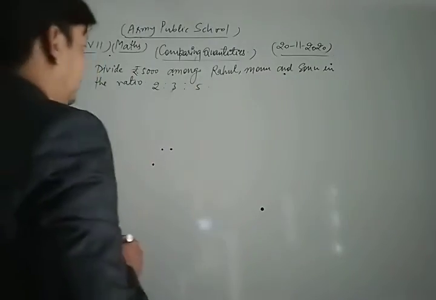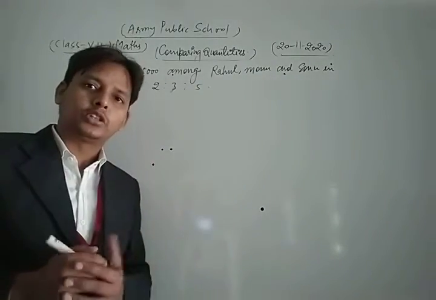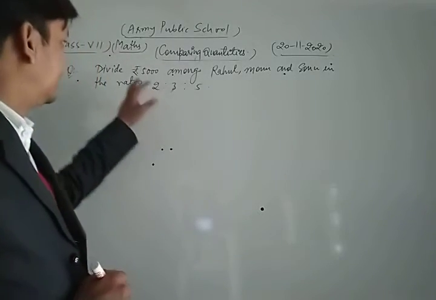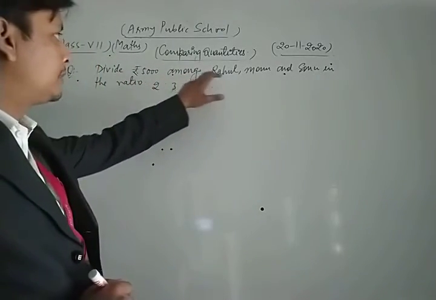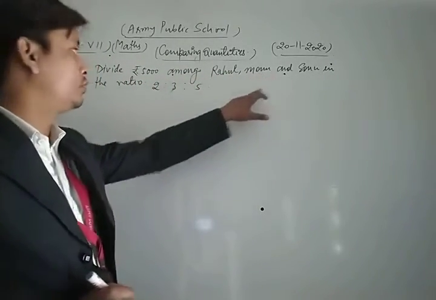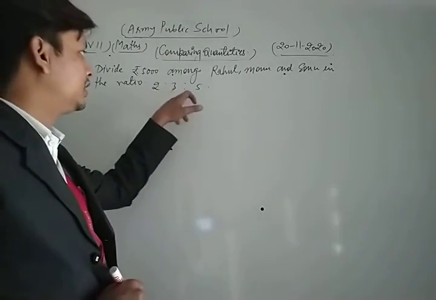Okay, let's see. This is also a very important question. So let's see its solution. Here we divide this 5,000 amongst Rahul, Monu and Sonu in the ratio 2:3:5.